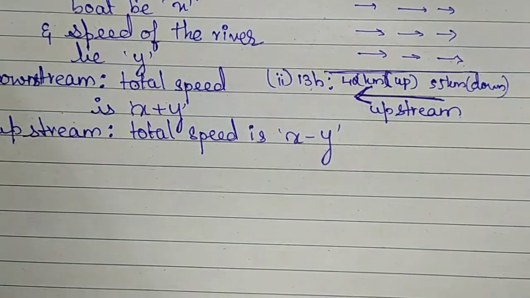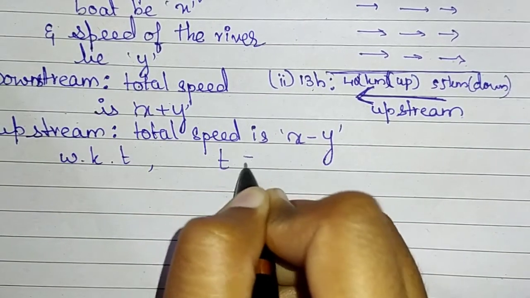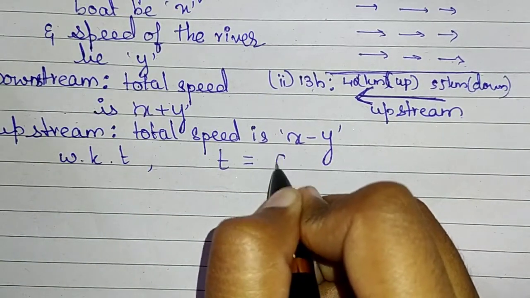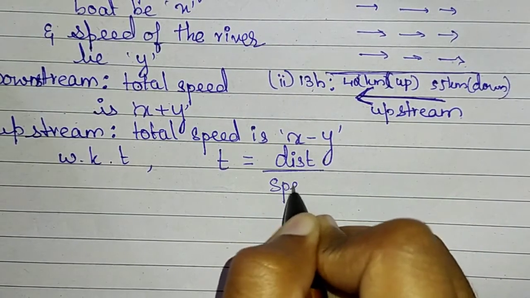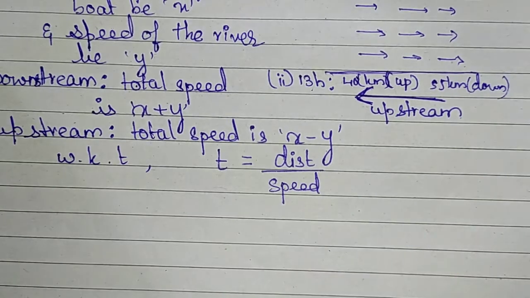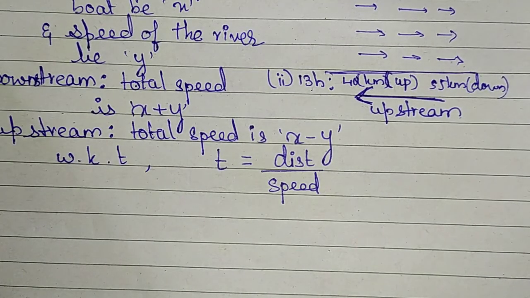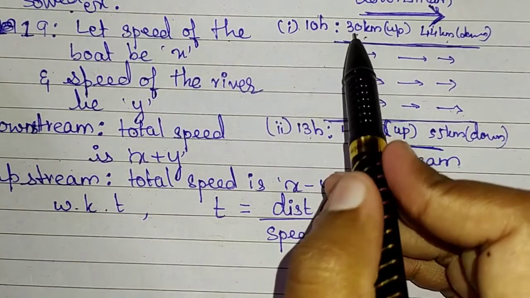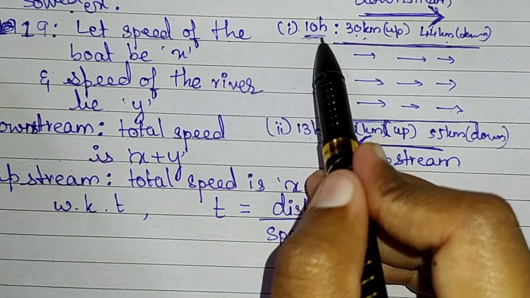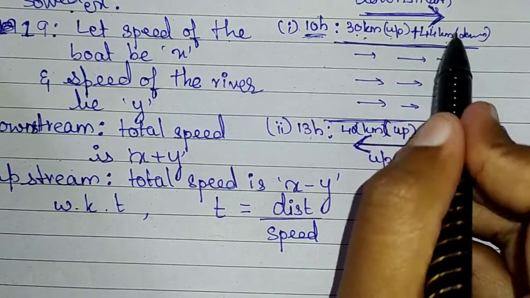Now we know that using basic physics, speed is equal to distance by time. I am just rearranging the equation to get time is equal to distance by speed. In the first case, in a total time of 10 hours, the boat traveled 30 kilometers upstream and 44 kilometers downstream.